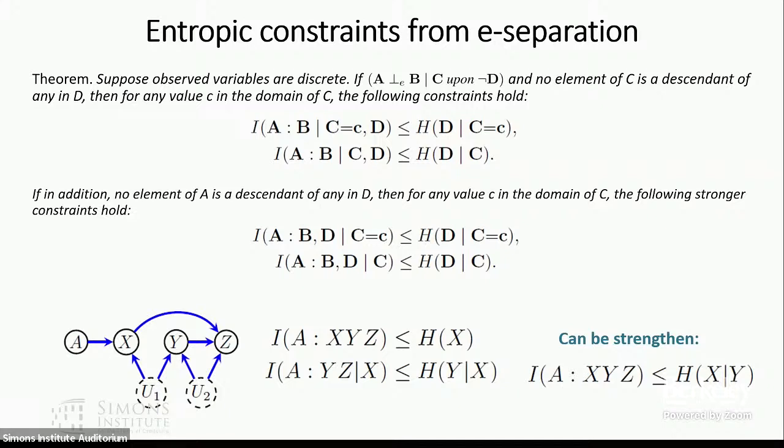The difference is that here we have the entropy of X, and here we are additionally conditioning: the entropy of X conditioned on Y. So this is a stronger constraint than this one. Okay, so we see that it is not always the case that we will get all inequality constraints using this technique, but it's still very useful, especially if we have DAGs with multiple variables and it would be hard to run the quantifier elimination in the first place.